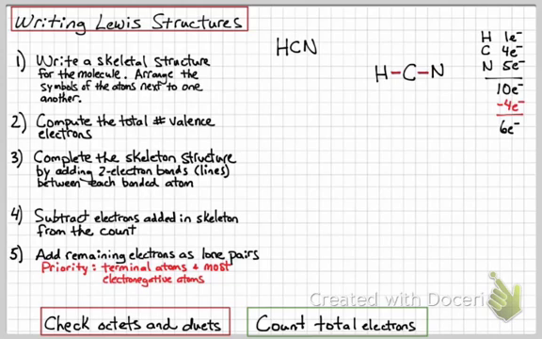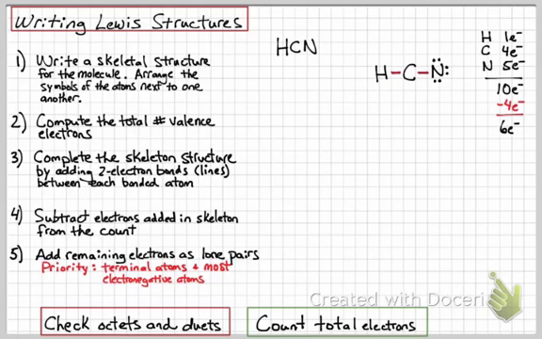Now remember, the priority was on terminal atoms and the most electronegative. In this case, we cannot add any more electrons to hydrogen because hydrogen is already surrounded by 2 electrons from that one bond to carbon. Hydrogen cannot have more than 2. Nitrogen is more electronegative than carbon, and it's a terminal atom, so we're going to start by adding those 6 remaining electrons as lone pairs around the nitrogen.